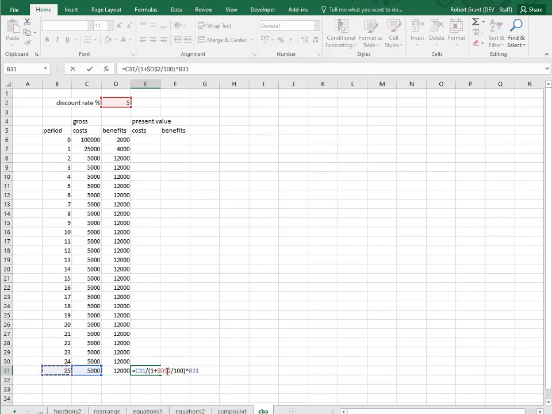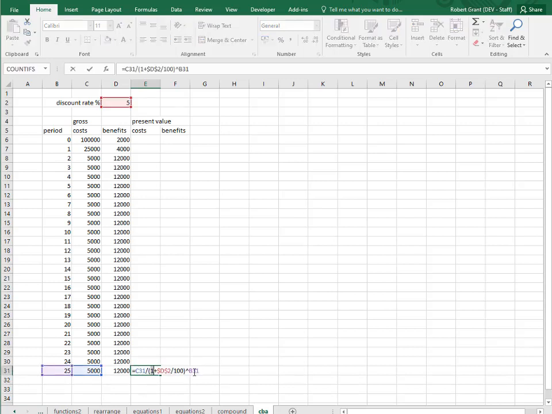So this is 1.05 to the power of 25. So you're reducing it by 5% for the 25 years to bring it back to the value we see. So in current day terms, £5,000, $5,000 or whatever, 25 years in the future, is only worth this much.